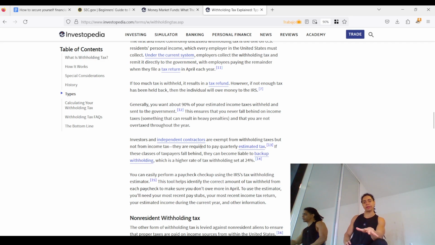So this is withholding taxes, as well as sales tax, which is another part of income taxes. So in income taxes you have corporate taxes, withholding taxes, as well as sales taxes.